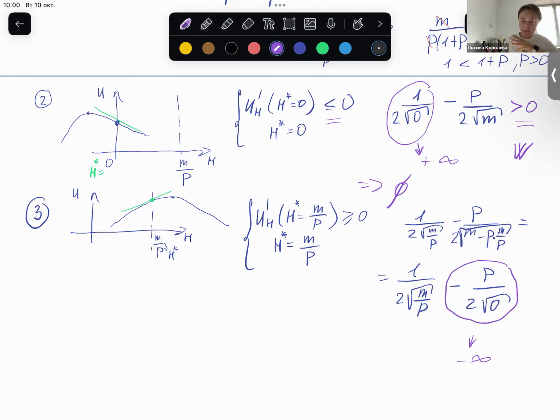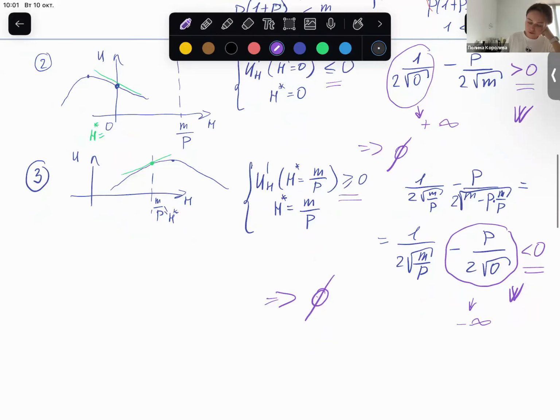So this first derivative in this point will be negative. But to have such corner solution, it should be positive. So we do not have also such corner solution. So our demand will have only one part, the equation for demand. So you see here is contradiction. That's why we do not have such corner solution.